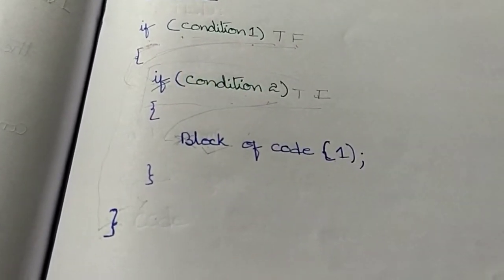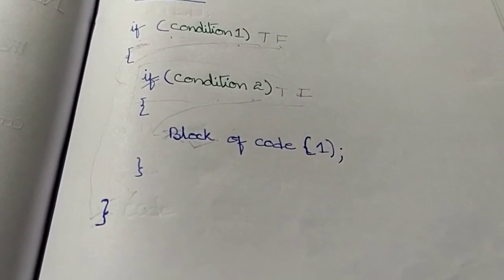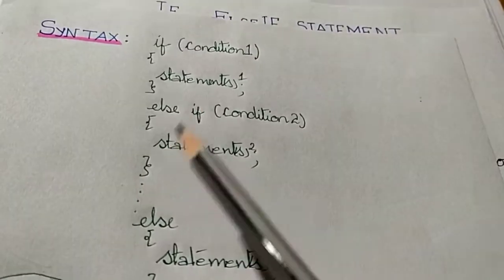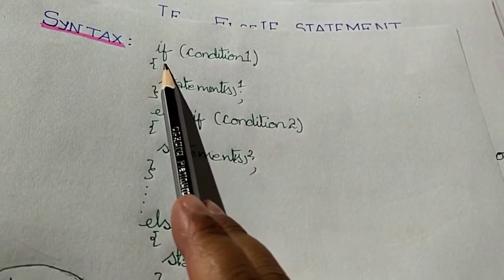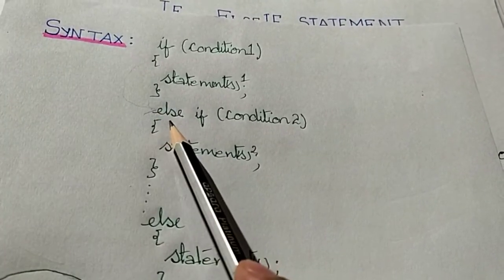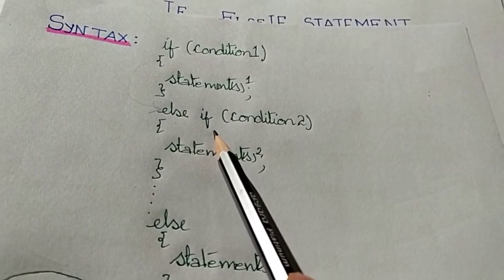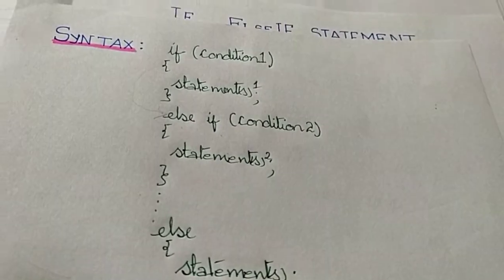But today I will explain the multiple if statement. In the multiple if statement, remember, after this if statement you will get another else if statement. Okay, so let me explain what this multiple if statement is.